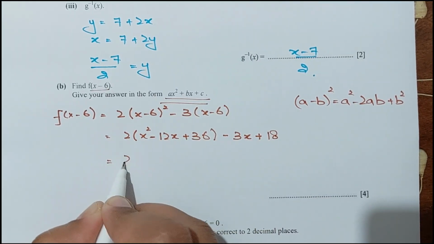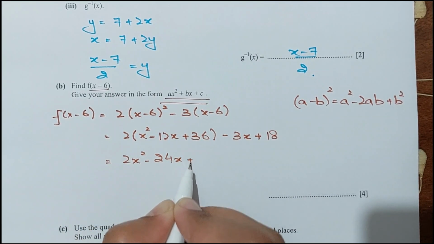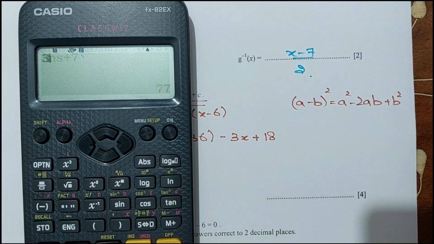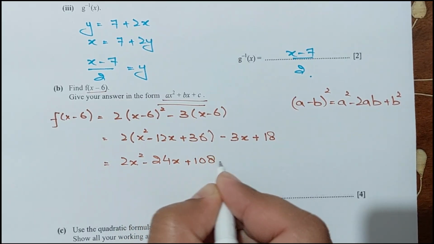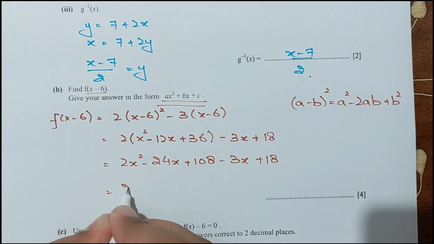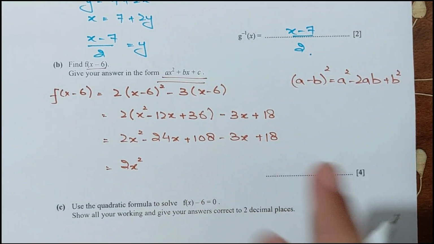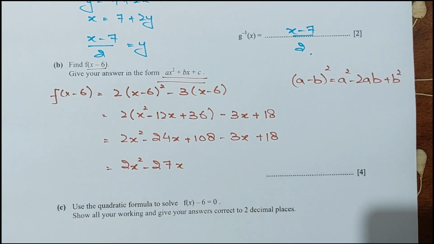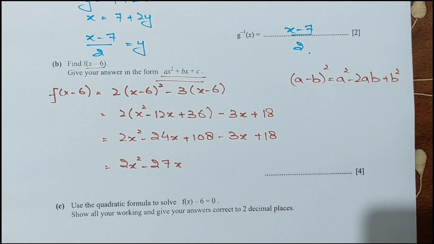Further simplification, this is 2x square minus 24x plus 2 times 36. What is 2 times 36? 108. 108 minus 3x plus 18. This is 2x square. The x terms are 24, 25, 26 and 27, so negative 27x. 108 add 18, 126.